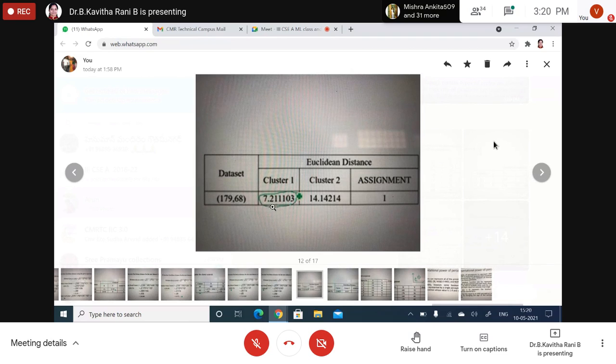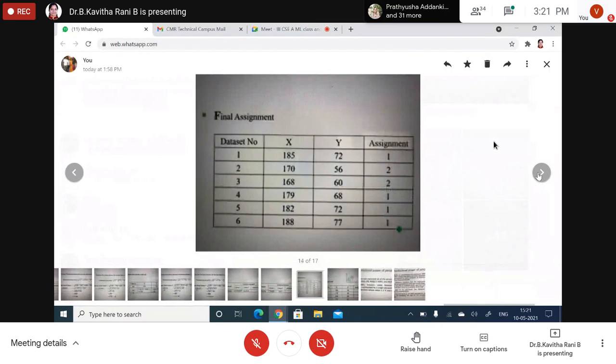So what you have to do, combine this 179, 68 to the first cluster. Okay, so after that you will get this final table. The first row belongs to the first cluster, second row belongs to the second cluster, third row belongs to the second cluster, fourth belongs to the first cluster.